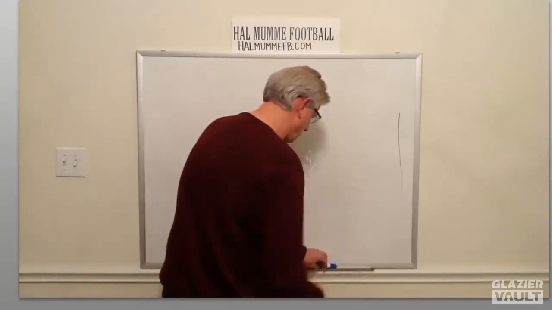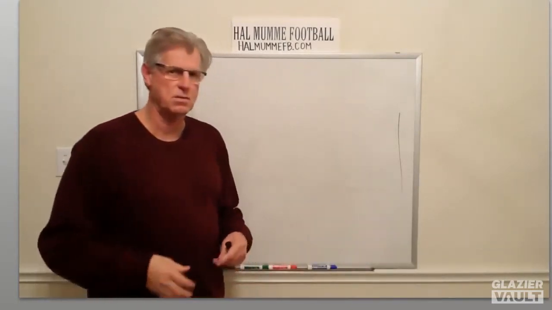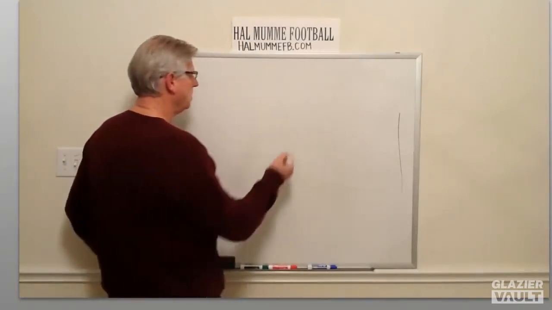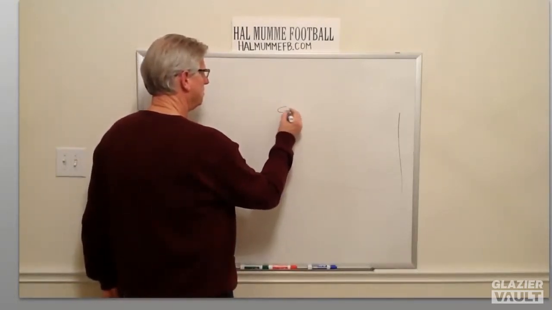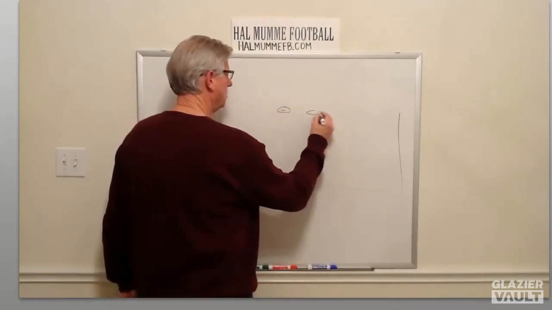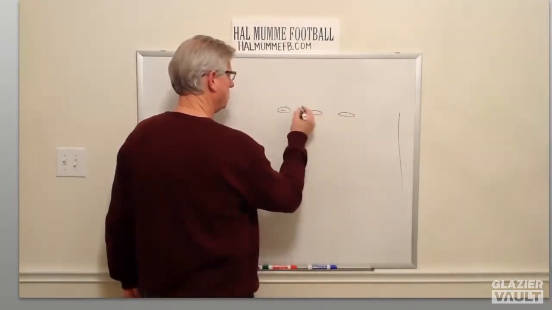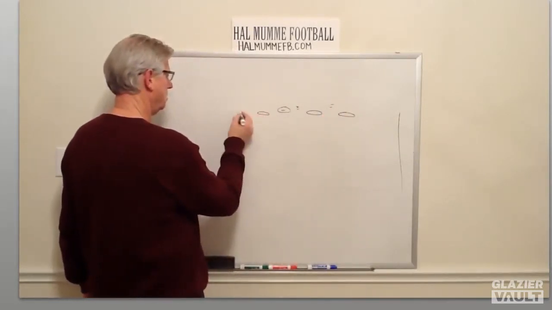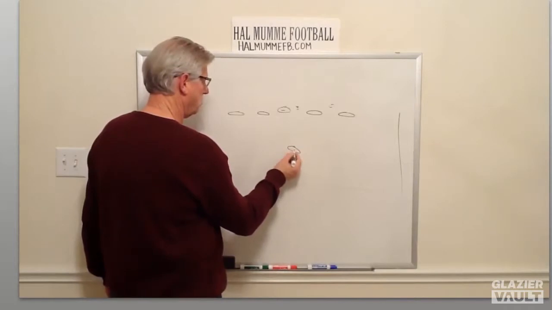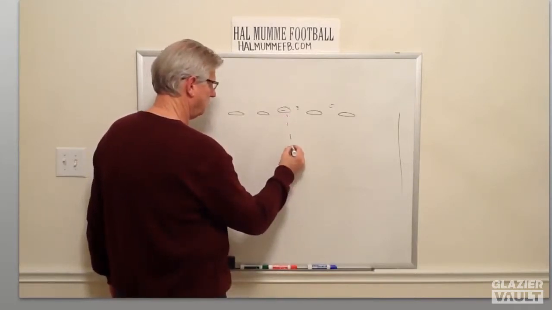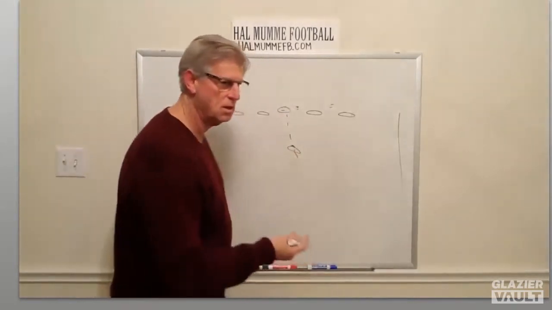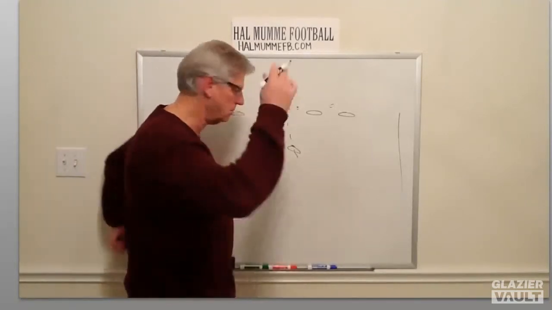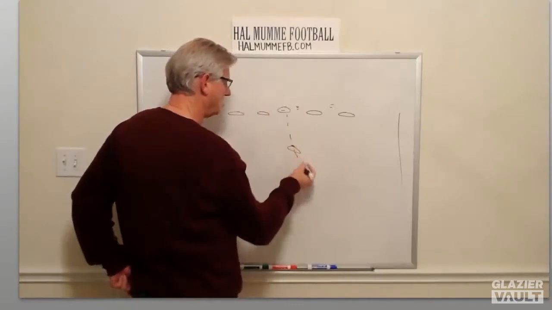The next thing was the line schemes themselves. And in the air raid, we had big splits. So let's say we had 3 and we had 5. And the quarterback, his toes would be at 5 yards, heels at about 5.5, maybe 6, depending on the height and the athleticism of the quarterback.